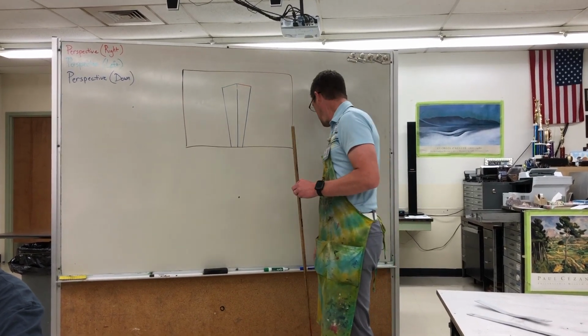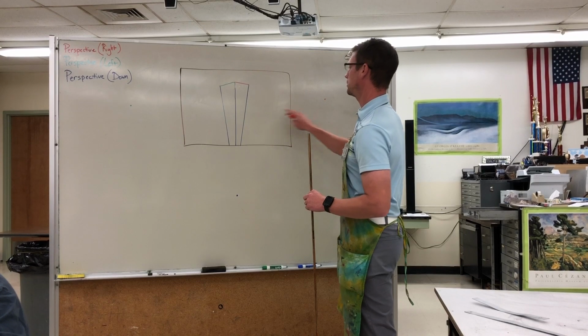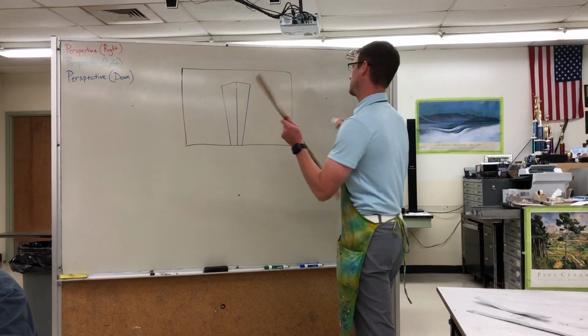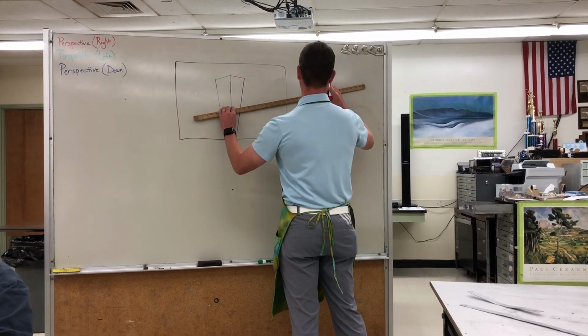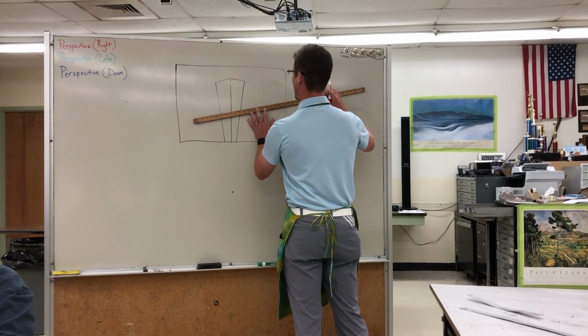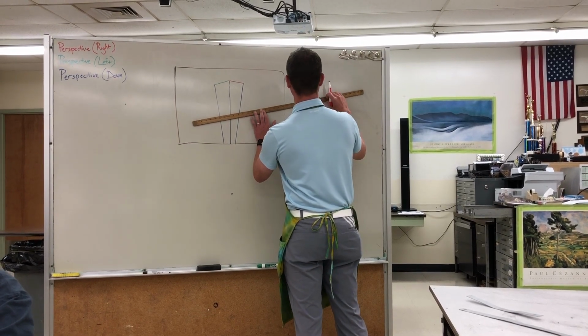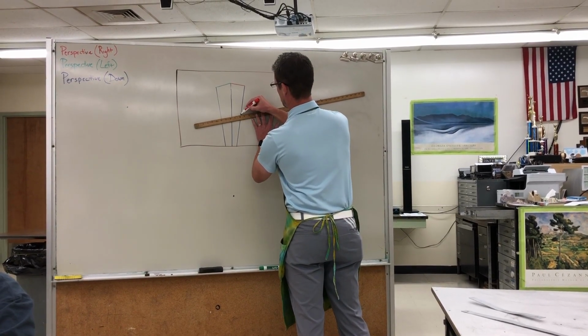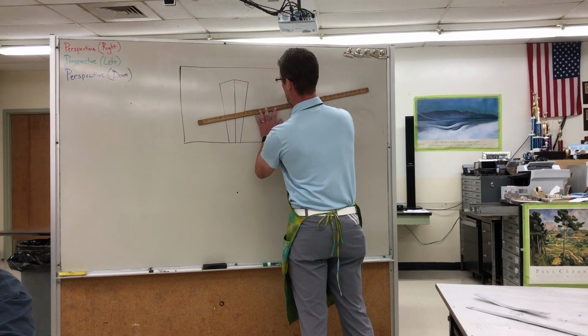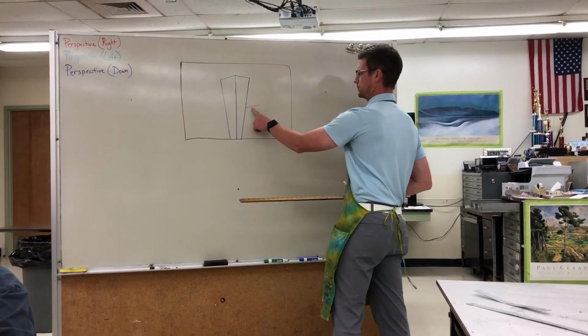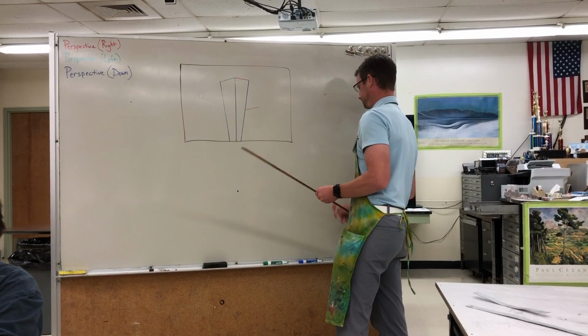Okay. Now the next step is we're going to make a building. It's going to be lower though. Because it's a little bit lower, you're going to see the top of the building, unlike the one that went past the perspective line where we really don't see the top. So everyone's going to make a line right here, okay, and that's going to this perspective point.